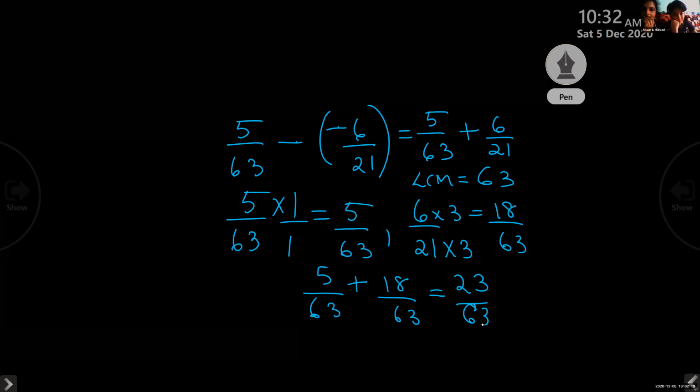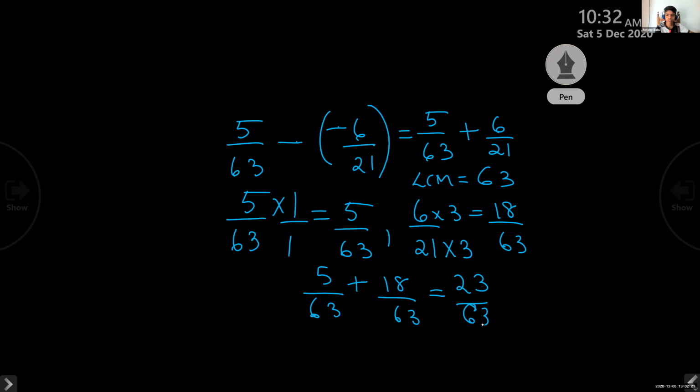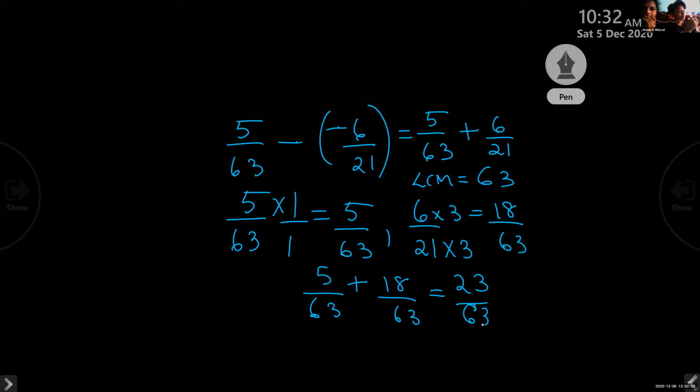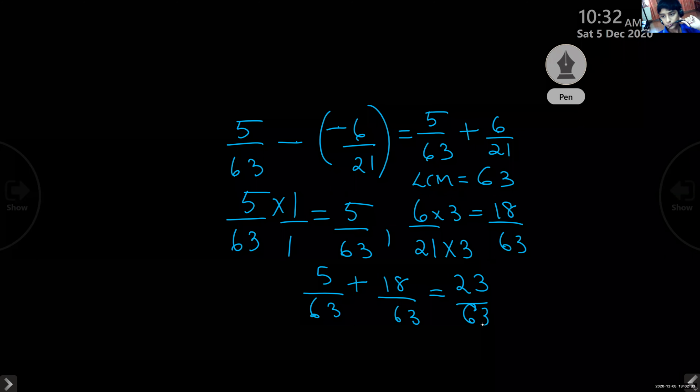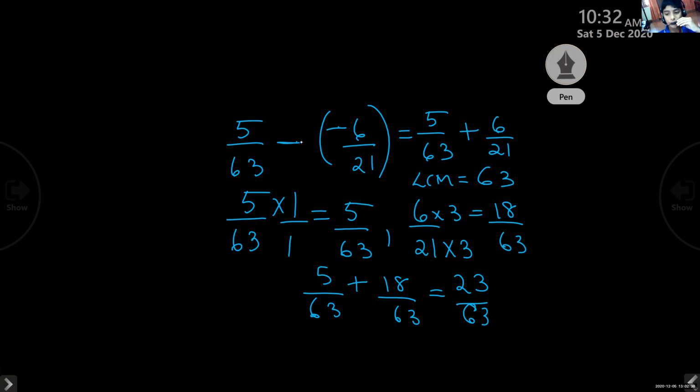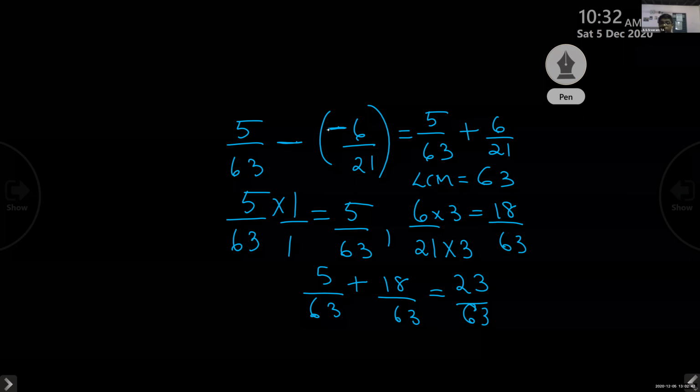Ma'am, can you hear me? Yes. Please be louder. Ma'am, the fraction 18 by 63 is negative, right? No, that is 6 into 3. That 6 is negative. Yes, negative 6 by 21. So when we subtract, the answer you wrote will be positive.